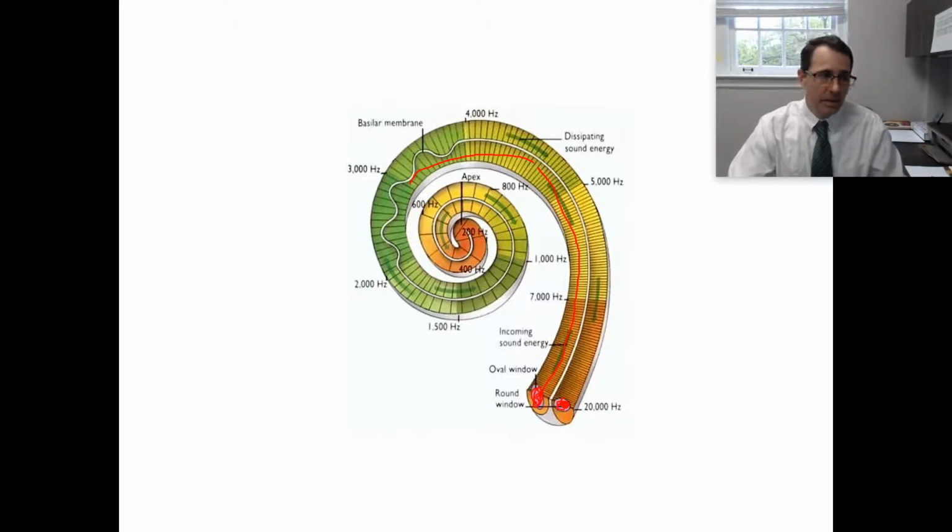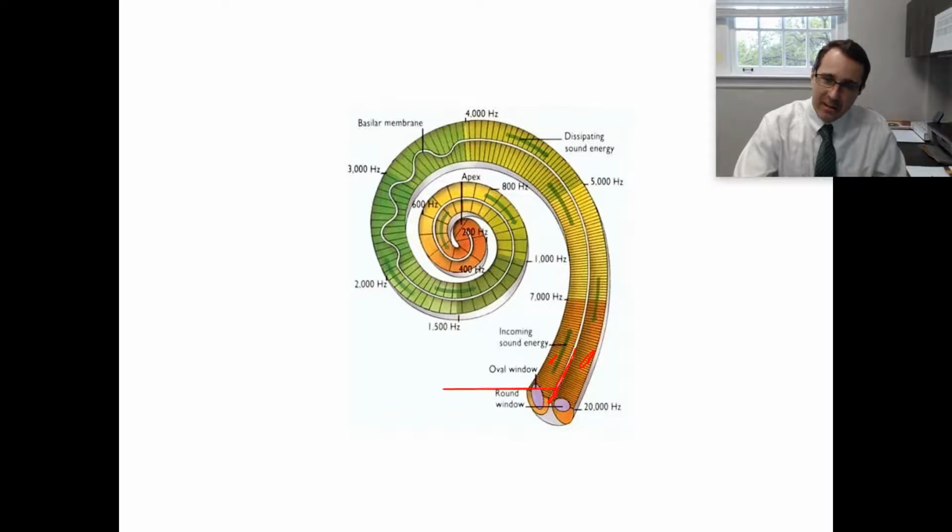All right. So now, going back to the organ of Corti, what I want you to understand about it is that it exists within a third chamber between the scala vestibuli and the scala tympani. That's known as the scala media. And the scala media that houses the organ of Corti runs the length of the cochlea.